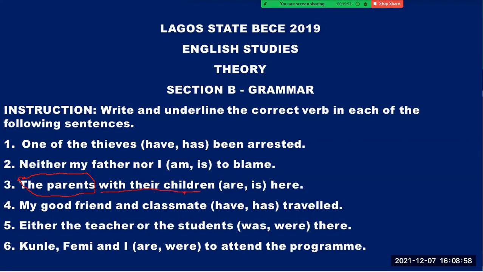In other words, the parents are here. By the way, the children are with them. So you look at how it works. The very people we are talking about are the parents. So that determines the choice of the verb. Parents, plural subject. So the plural verb: the parents are here.